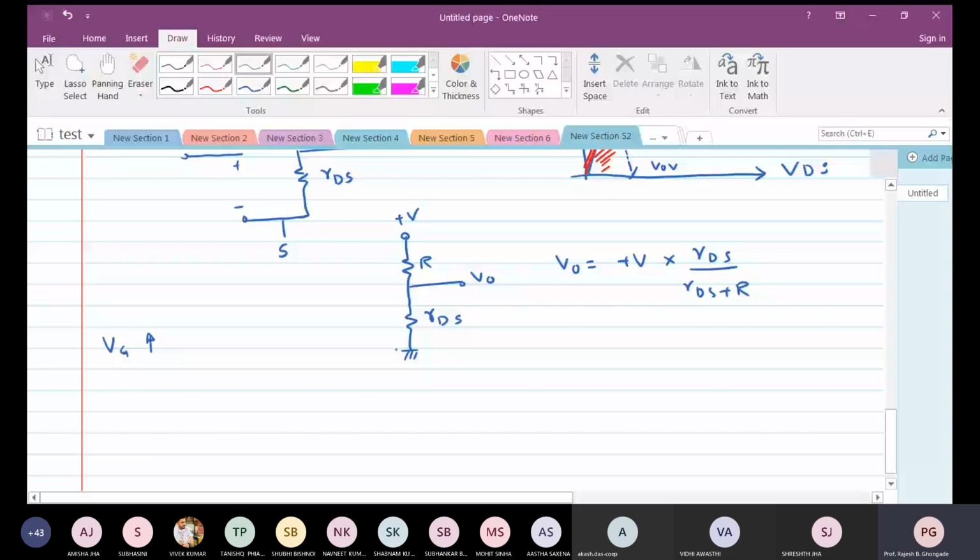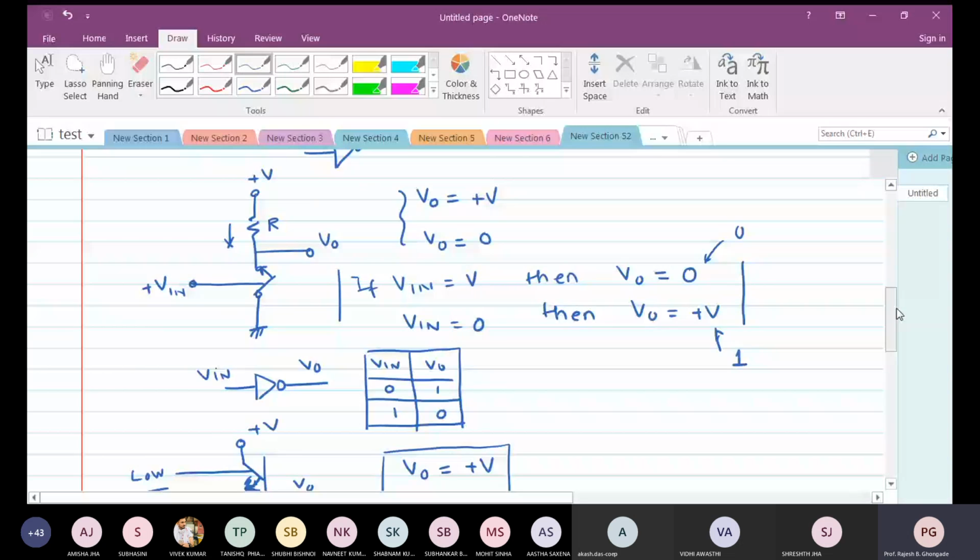But ideally speaking, when the switch was on, if you look at the NMOS picture here, what was the expected output voltage ideally? It was expected to be zero. Zero, the output. But now there is a slight problem here.